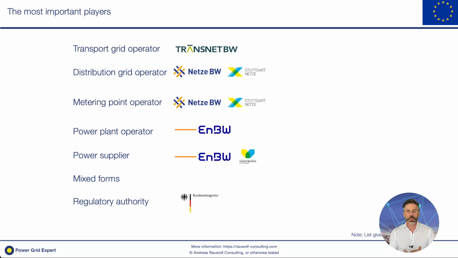And therefore, this has been split up into different companies to simulate somehow an open market, which if you have a detailed look, it's not, but at least to have some competition between different distribution grid operators, different power supply companies, and so on.